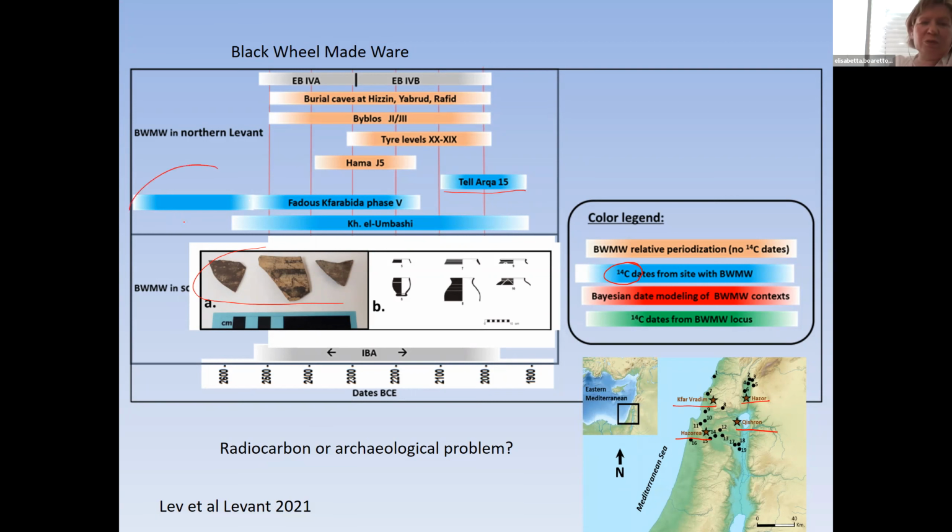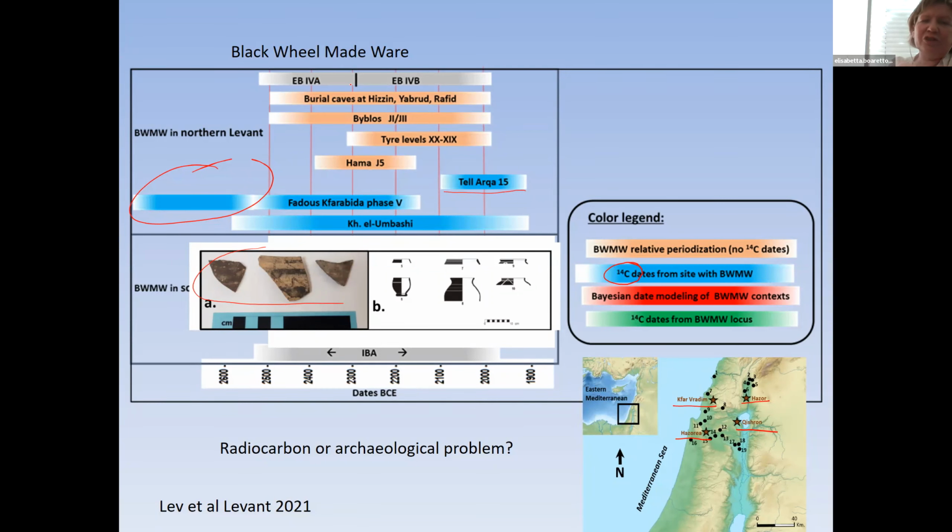Let's say that it could be also a little bit too extreme for this chronology, and other sites dated the presence of this pottery using relative chronology and stratigraphy. And you see that these cover the whole period.